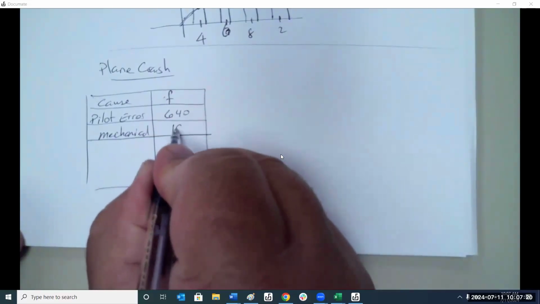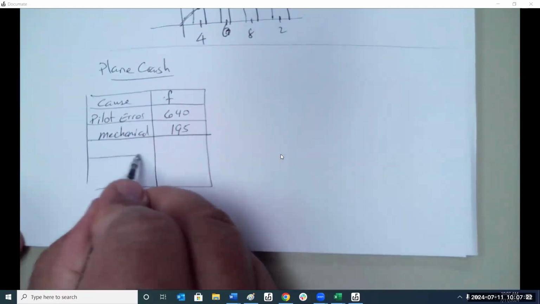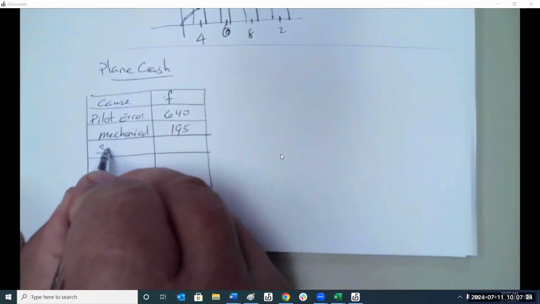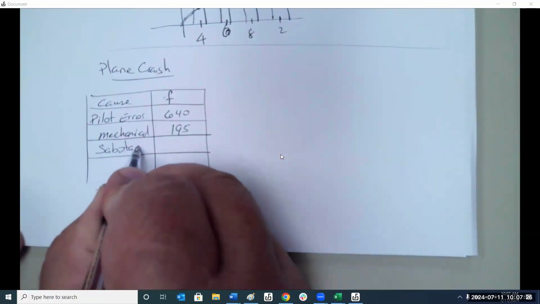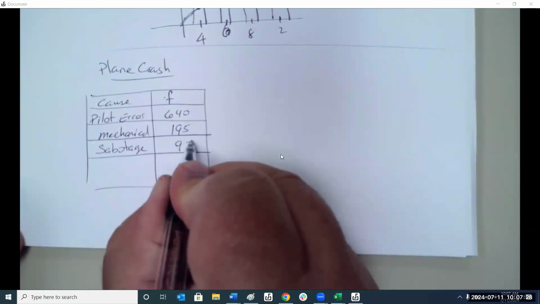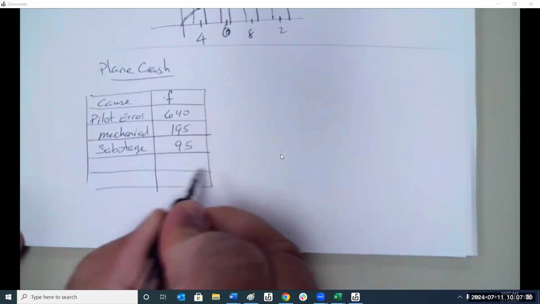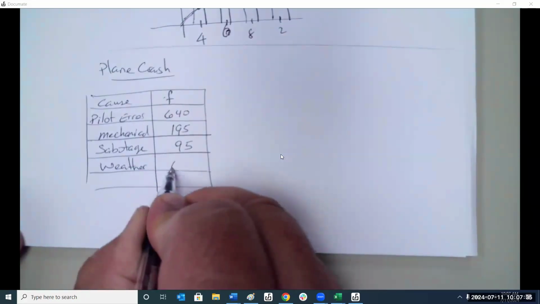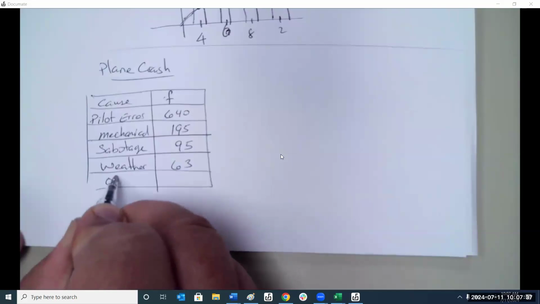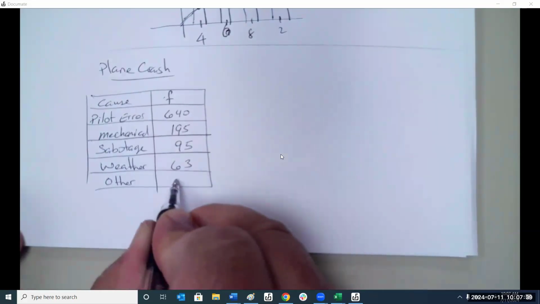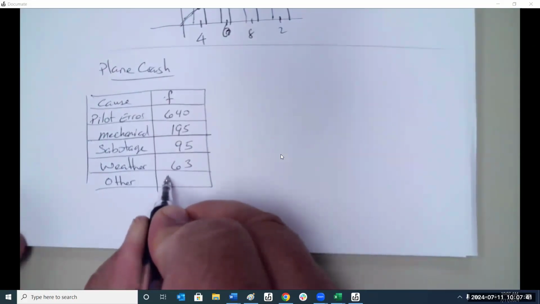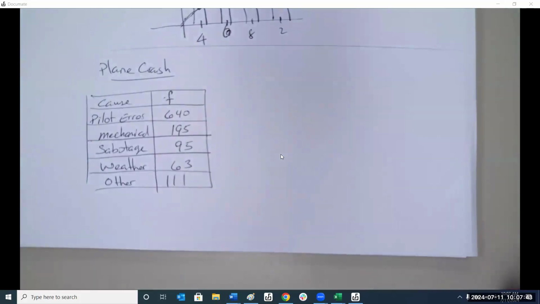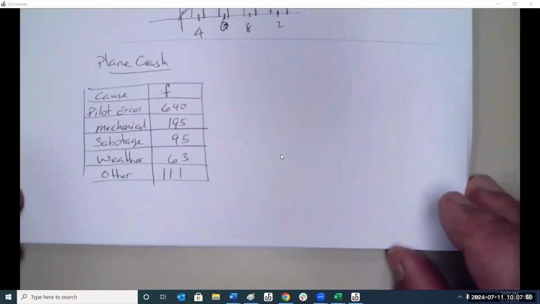Mechanical was 195. Sabotage was 95. Weather was 63. And anything else, like act of God, which you call force majeure, like an animal or a volcano or something like that, earthquake.